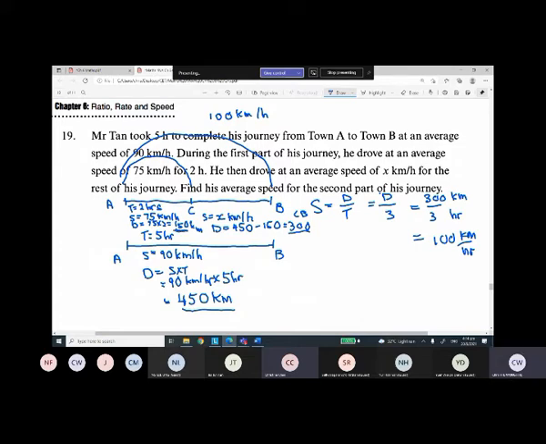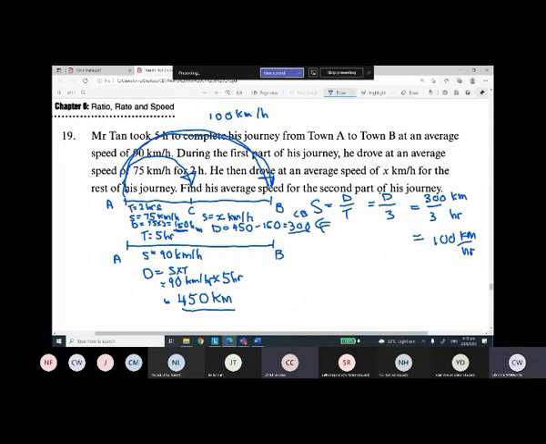So now C to B will be, I take 450 minus 150, right? 450 minus 150. I will get 300. That's why. I think I missed the 150 part.